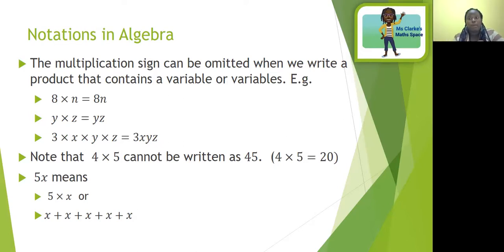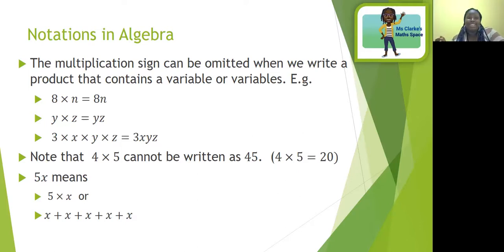Instead of having to write it all the time, we could just write 8n. Similarly, y multiplied by z can be rewritten as yz. Then we have 3 multiplied by x, multiplied by y, multiplied by z. You'll see how long that is. We could condense it, make it much smaller, and simply write 3xyz. Algebra can be sweet, you know.